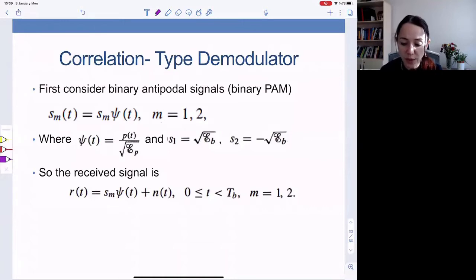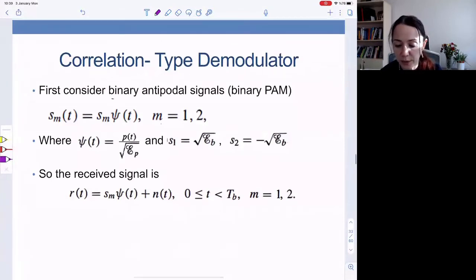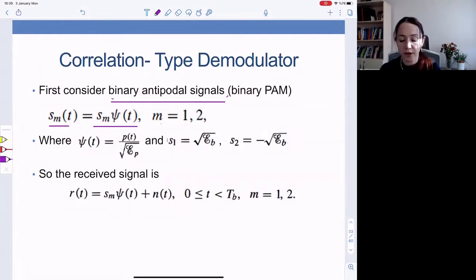Now, the correlation type demodulator works as follows. First consider binary antipodal signals, for example, resulting from binary PAM. We have s1 or s2 multiplied by a basic, unit energy pulse phi(t).